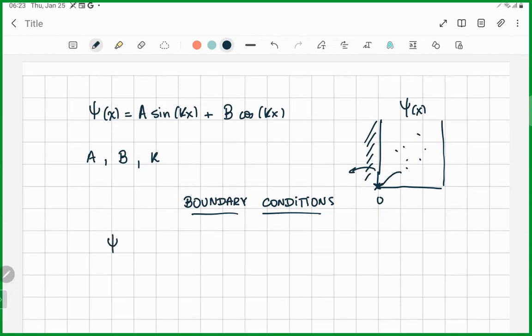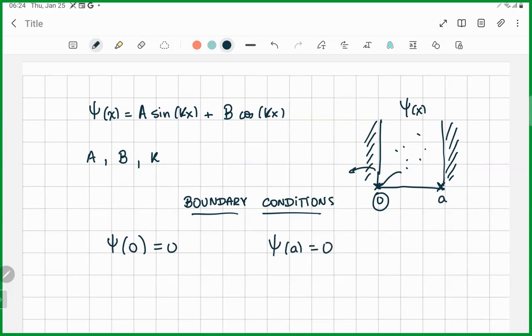The function at 0 has to become 0, okay? There should be no probability to find the particle at this point 0 or any value below 0. And for the same reason, we have another wall here, right? So whatever happens to this function, when it reaches this point a, it has to become 0, okay?